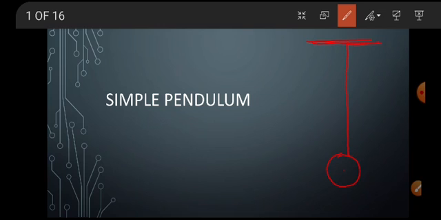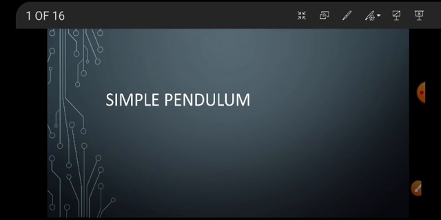The radius of this simple pendulum's bob is R, right? A metal bob is suspended from a rigid support, and this is called a simple pendulum.